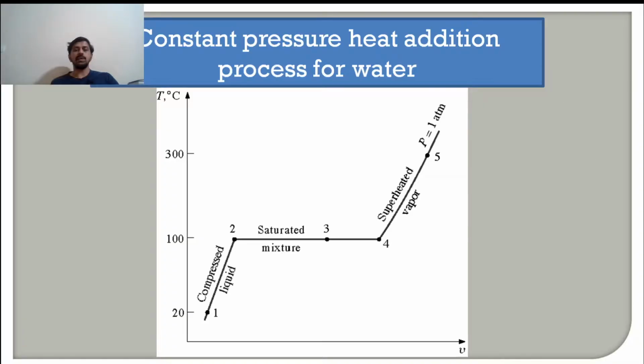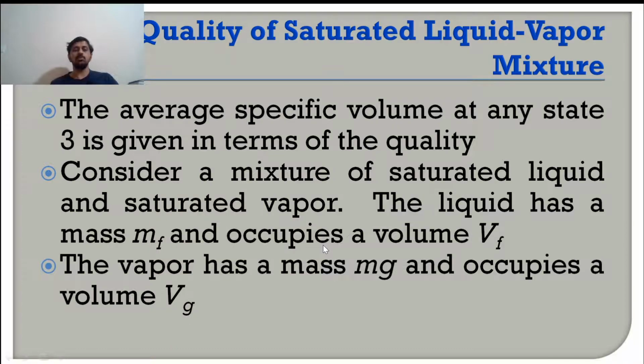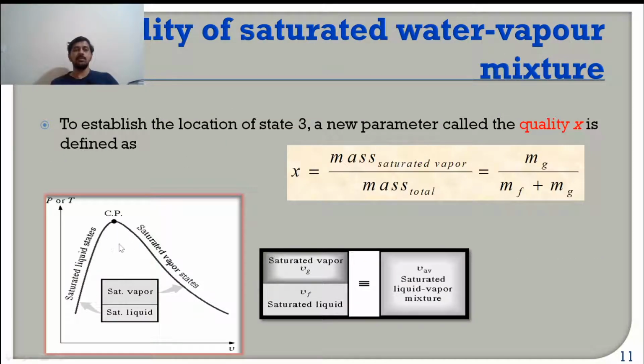So if you want to exactly locate this point inside a saturated vapor dome like this, we use a term known as quality or dryness fraction. It is given by lowercase x, the ratio of the mass of saturated vapor to the total mass, that is the mass of liquid plus vapor. So the mass of the saturated vapor to the total mass is known as quality.